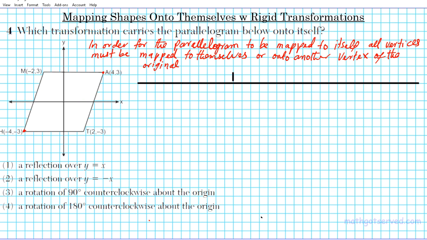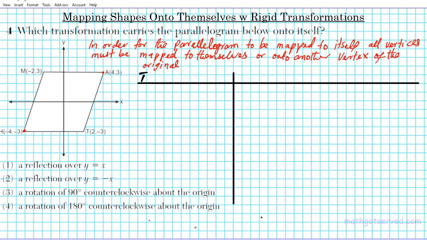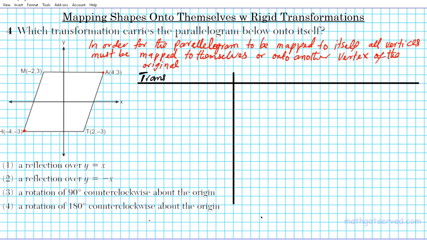We'll do the transformation first and then look at the mapping. So let's start with the transformation. We have 4 options to consider. We'll start with option number 1.